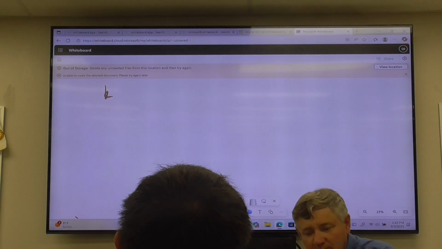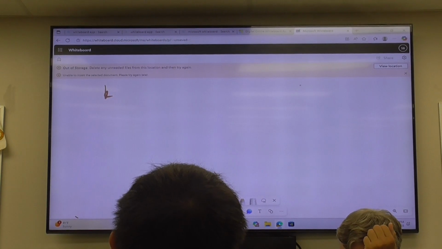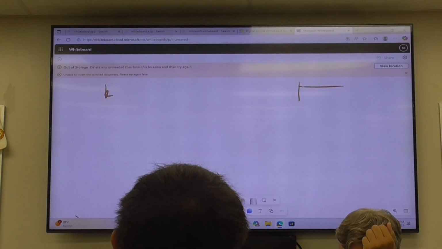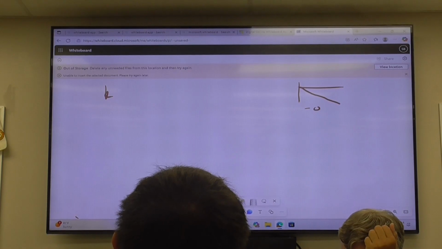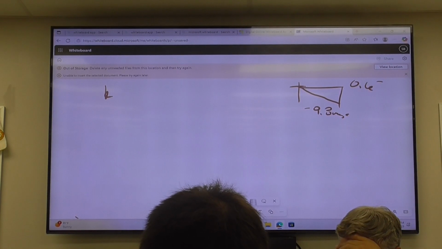Okay, here we go. All right, so at this point, the velocity time graph was like this. That had a slope of negative 9.8 meters per second squared. And what was the time point? 0.639 seconds. Okay?